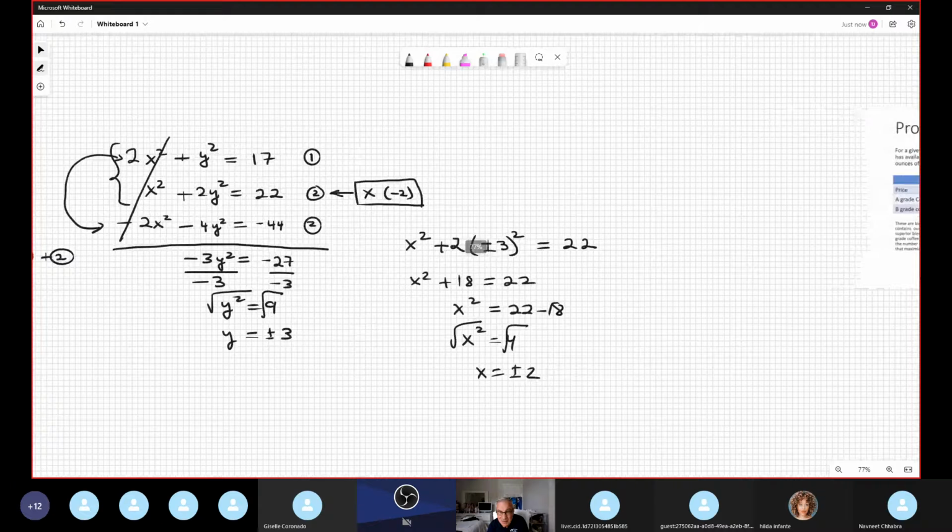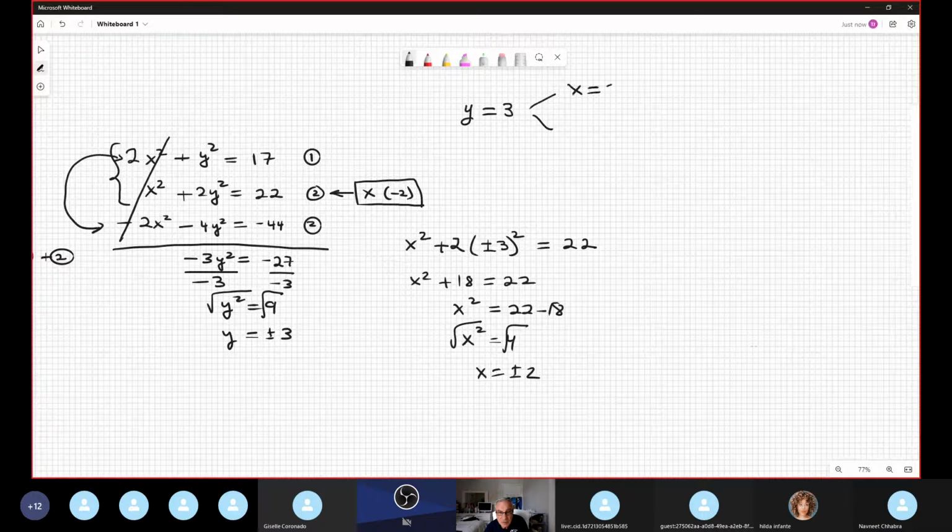Suppose that I plug in +3. We get two values, 2 and -2. And when you plug in -3, you get the same answer. It's totally irrelevant, regardless of the plus or minus.